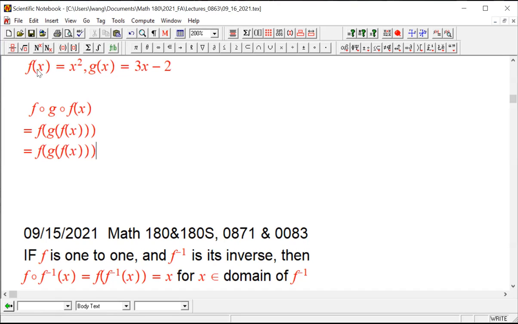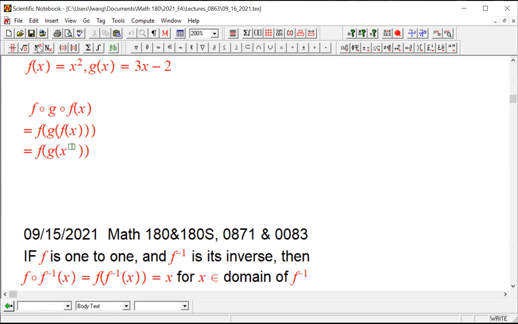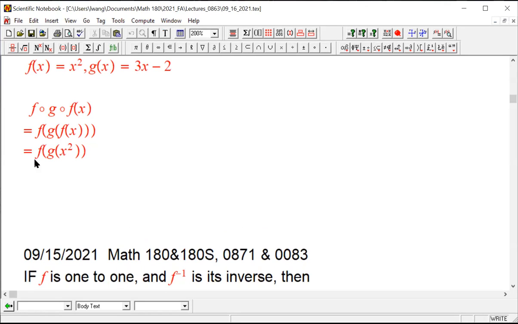So this is your f. f of x is x squared. So f of x will be replaced by its equal, which is x squared. So you'll be dealing with g of x squared. This is your g.